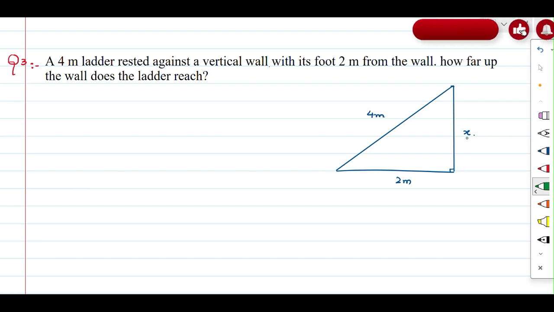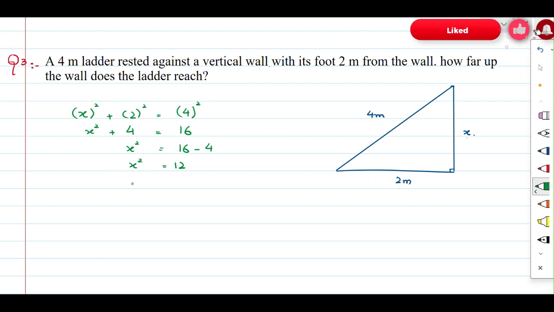So we have to take the square of this side plus the square of this side. So we can say x square plus 2 square is equal to the square of the hypotenuse, 4 square. So x square plus 4, 4 square is 16. So x square should be equal to 16 and shift the 4 to the other side, minus 4. So x square is equal to 12.